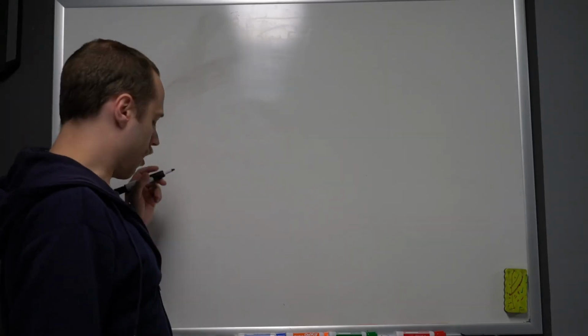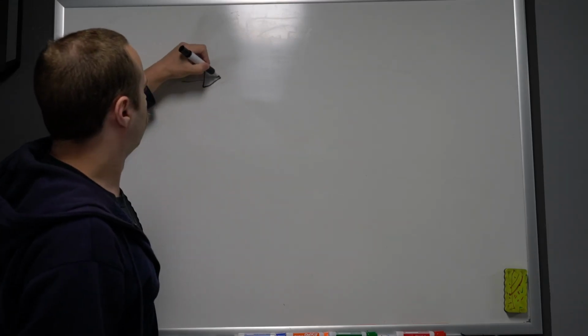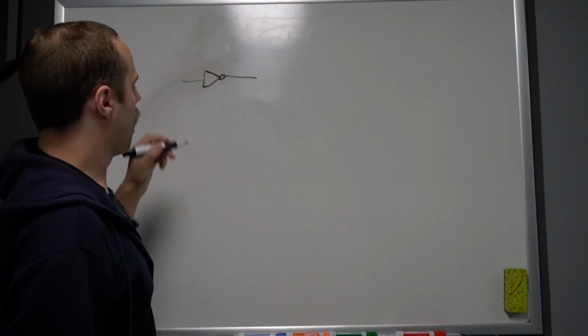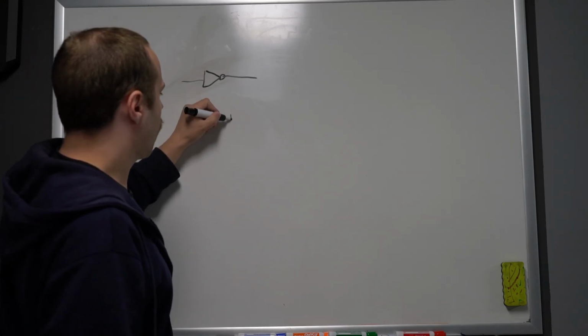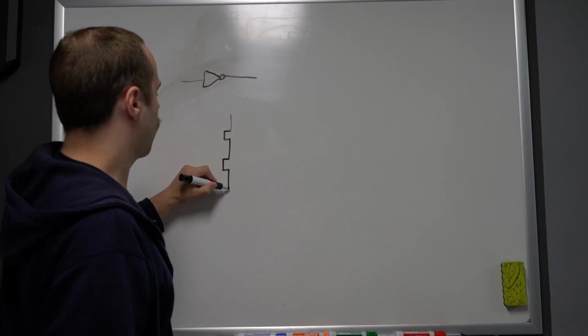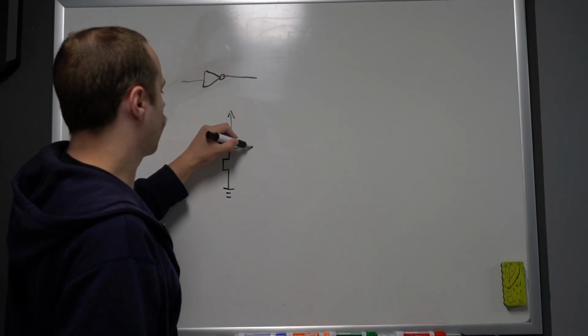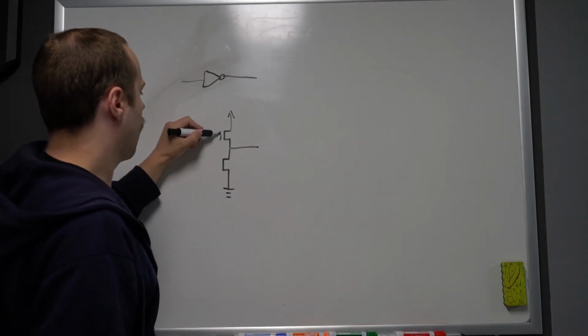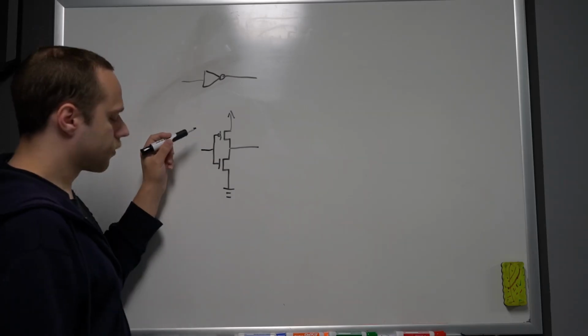We're going to start with just an inverter, and at the highest level of abstraction, we've just got our NOT gate. So now going down to the schematic level, we've got a PFET at the top and an NFET at the bottom, and the NFET is grounded, the PFET is at power, then we've got our output and our inputs are common.